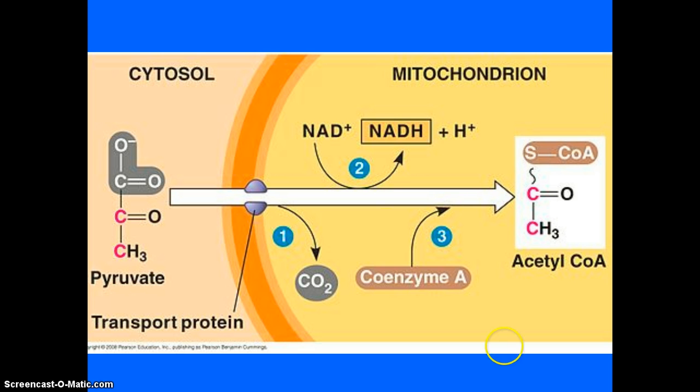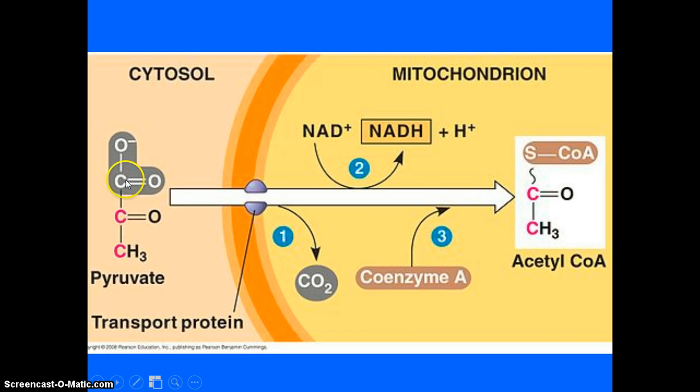Let's take a look at this simplified picture that puts things in perspective. So we're in the cytosol, the cytoplasm outside of the mitochondria. Here's the pyruvate. These 3 C's came from the original glucose molecule. This pyruvate is going to be taken into your mitochondria, and carbon dioxide is given off as a waste product.